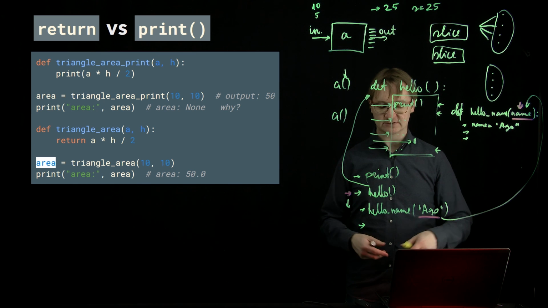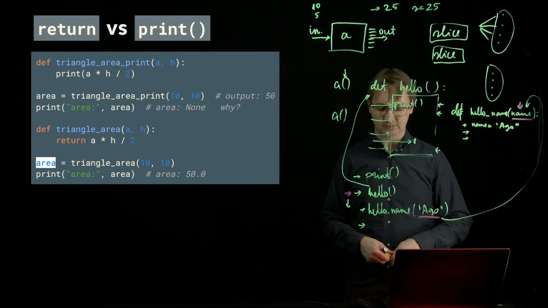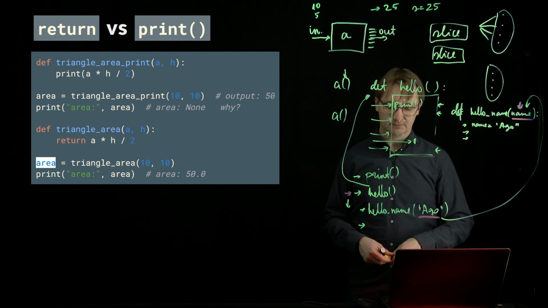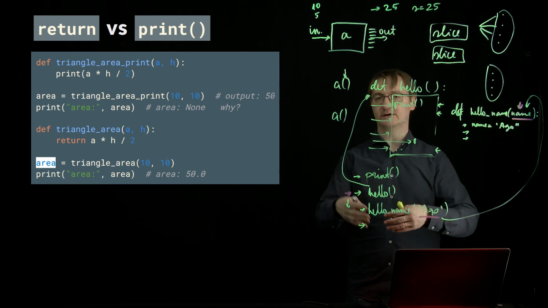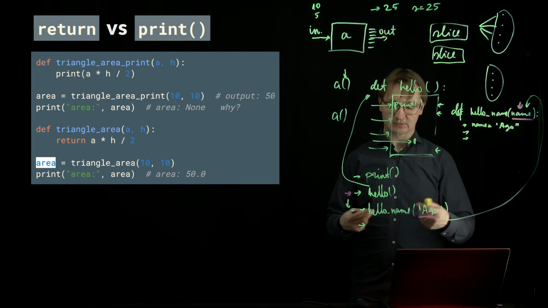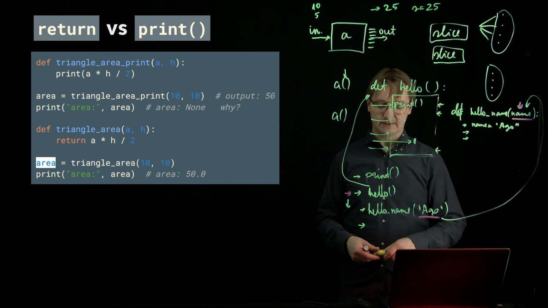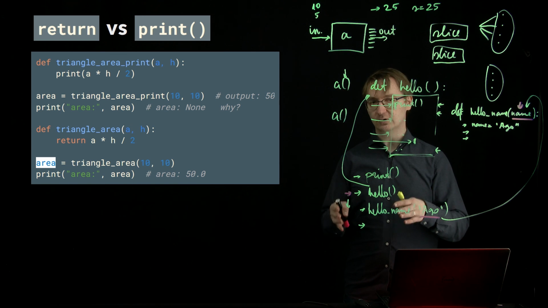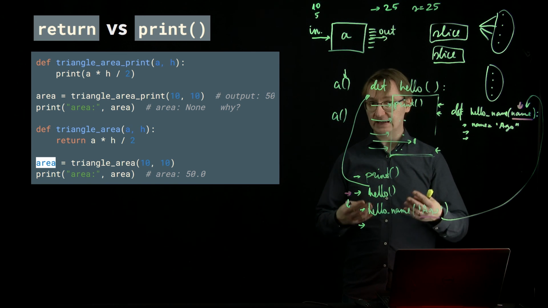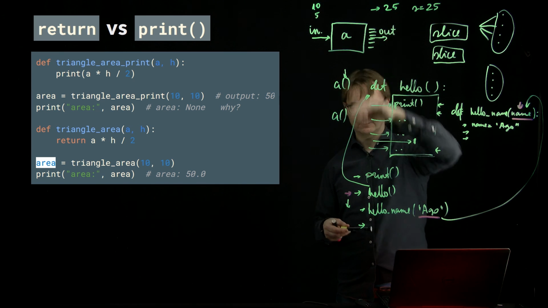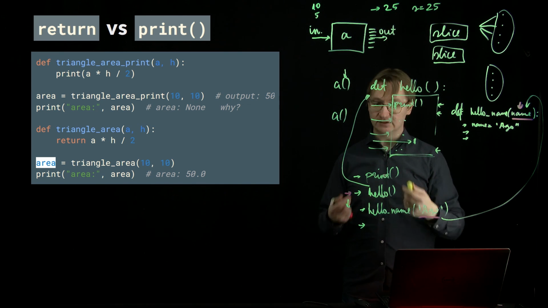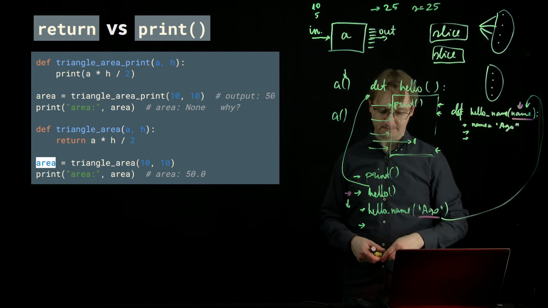For computers, the print doesn't matter. You don't have to use print at all. But for a programmer, it's nice to have something on the screen. Then you can verify, okay, that seems legit, and you can continue with programming. But we have to use return to be able to use those values from the functions in our program later on.